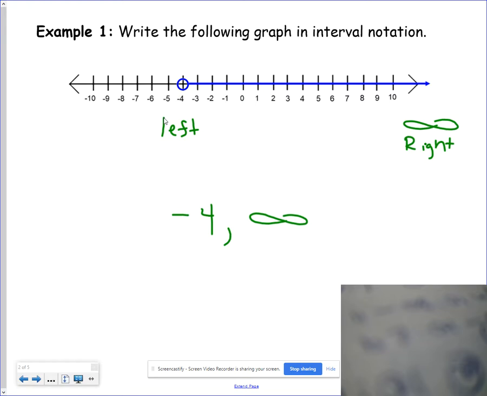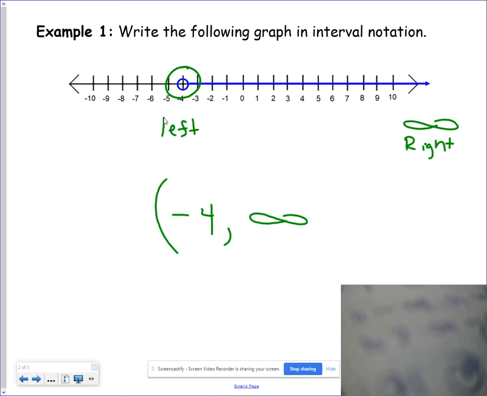Okay? Now, is -4 a solution to this set? Is -4 included in this solution? It's not. Why is it not? Because we have an open circle. So to show that -4 is not a solution to this set, we're going to use a parentheses. When you use a parentheses, that means it's not equal to that number.